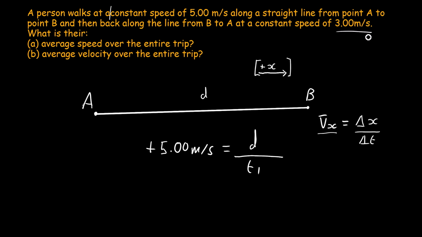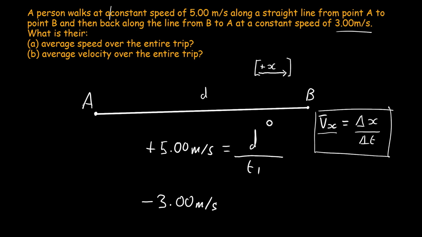So we can write another equation with our average velocity here, using this equation here. We know that we're moving in the negative direction at 3 meters per second at the same distance d over a new time period, because it will take longer to get back from B to A, at time t2.